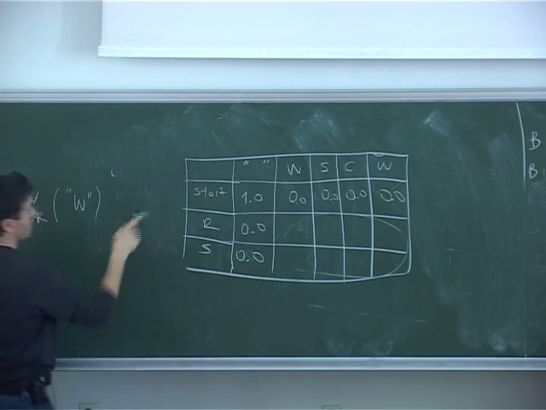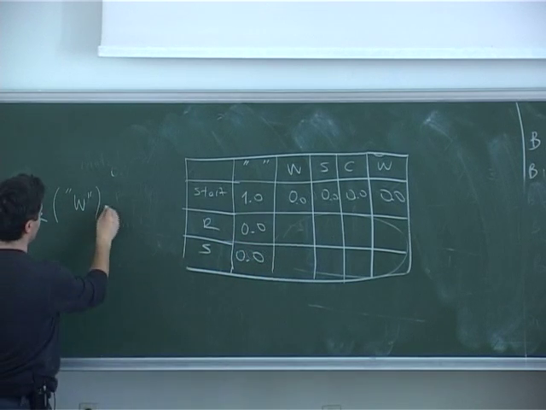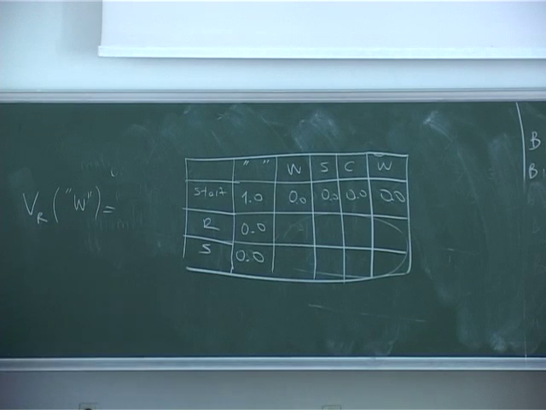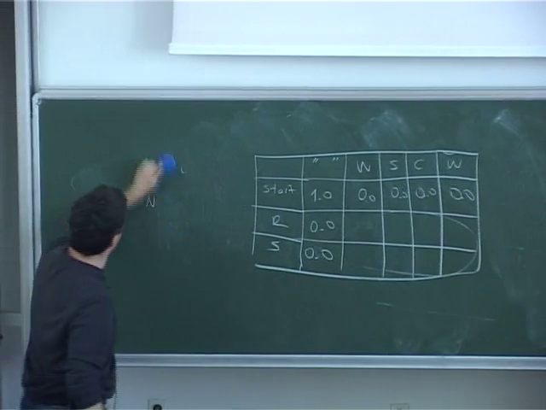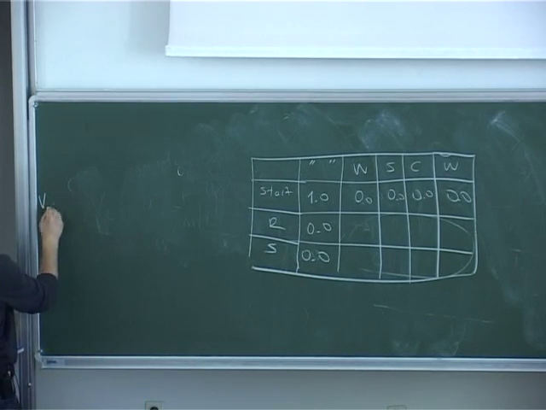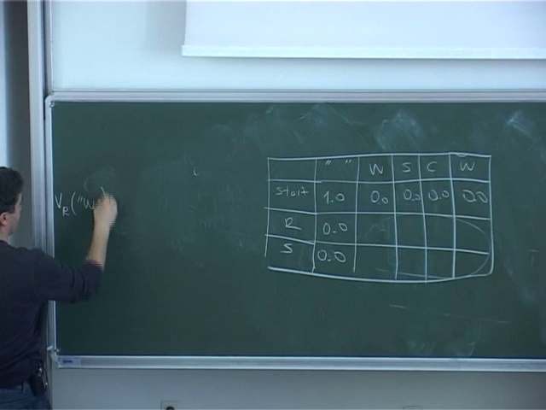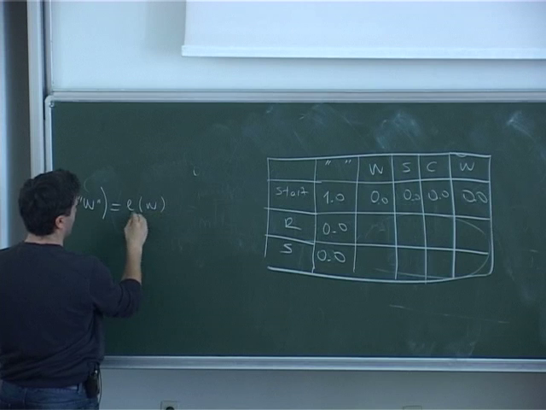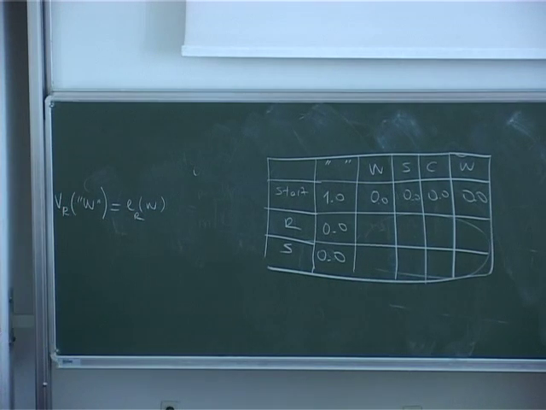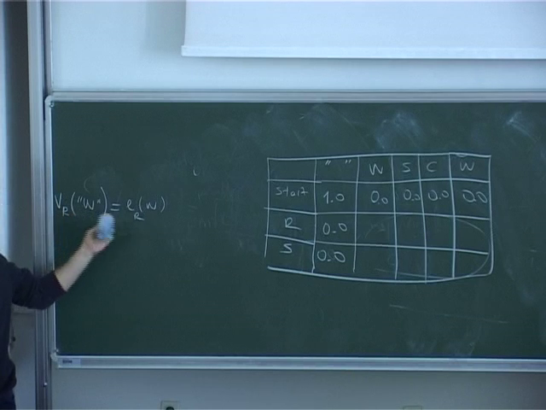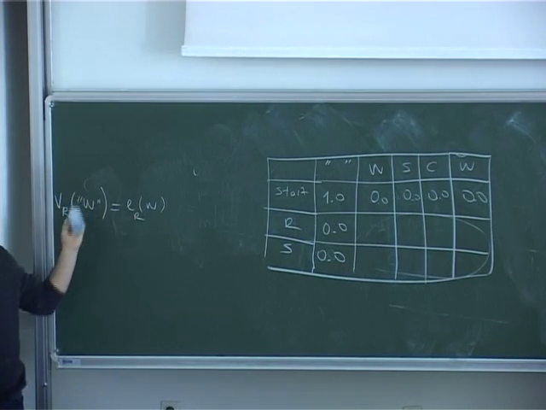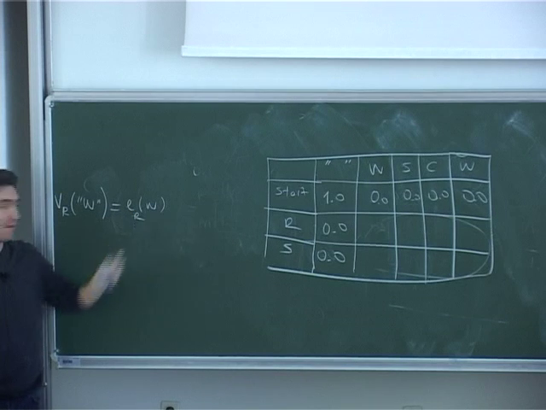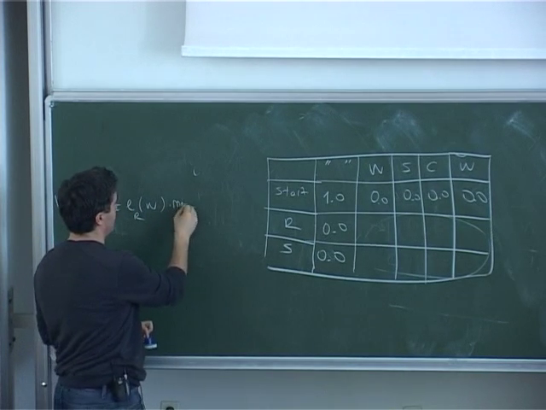If I'm currently at the rainy state and I have emitted this W, I'm going to write it here: the emission probability of W from the rainy state, because if I'm currently at the rainy state and I just emitted W, this W is emitted at this rainy state. Then you are going to look at this max.